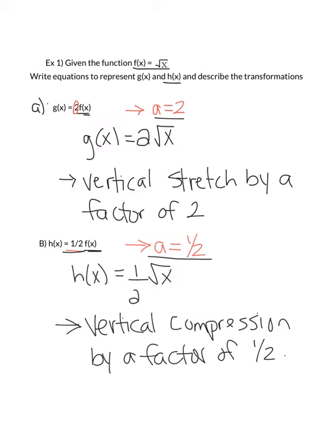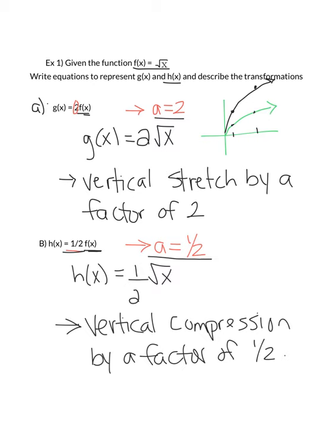Now, if I was thinking about graphing these, I'm just going to do a really, really quick sketch right here. I'm going to have my original function. So my original function is square root of x. And if I need to vertically stretch this, all of my y components need to be multiplied by 2. So now my 1, 1 is going to be at 1, 2. And my 4, 2 is going to be at 4, 4.